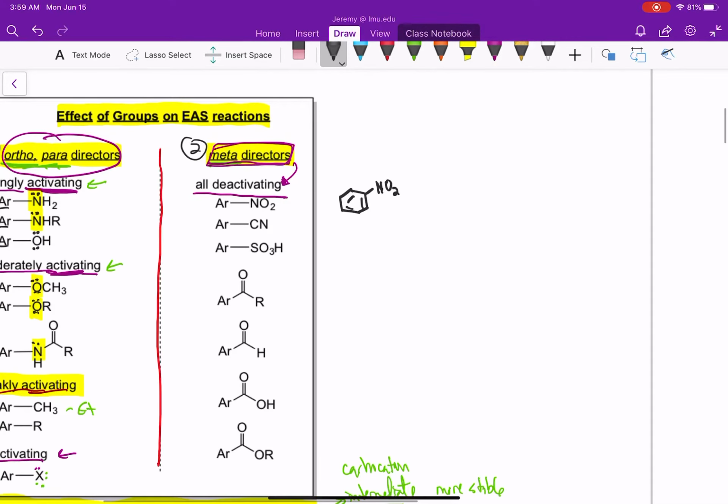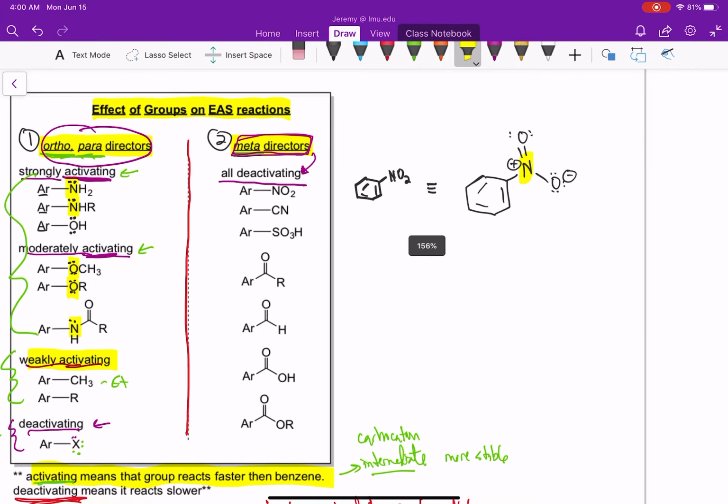And I want to remind you, when you draw this out, that nitrogen does not have a lone pair. In fact, that nitrogen has a positive charge. Okay, so that nitrogen is different. This one does not have a lone pair, therefore it's a meta-director.